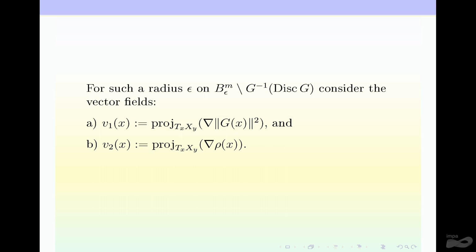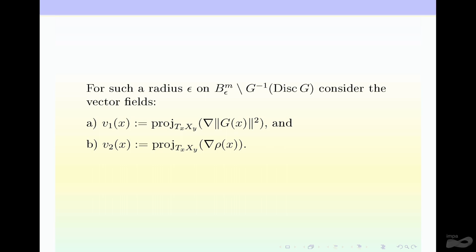We project the gradient of the square of the absolute value of g, and take the projection also of the gradient of rho x. Okay, so it's the same to say, take just the projection of the vector position parallel to omega x to the tangent plane of the fiber.